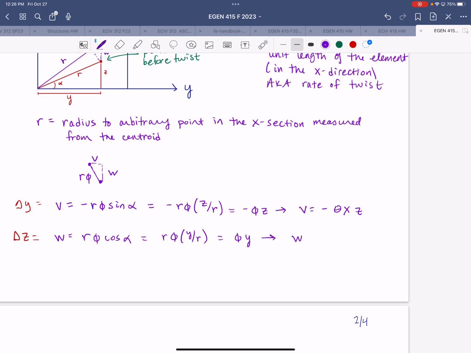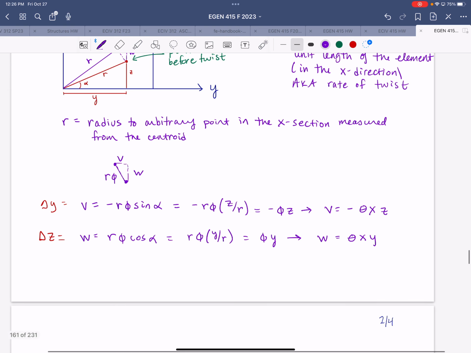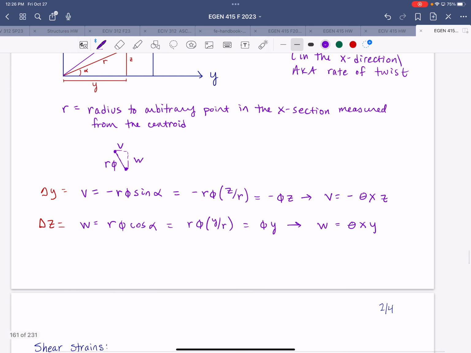So we can say W is equal to theta x y. And at this point, I'm just going to note, all right, we'll use these on the next page.